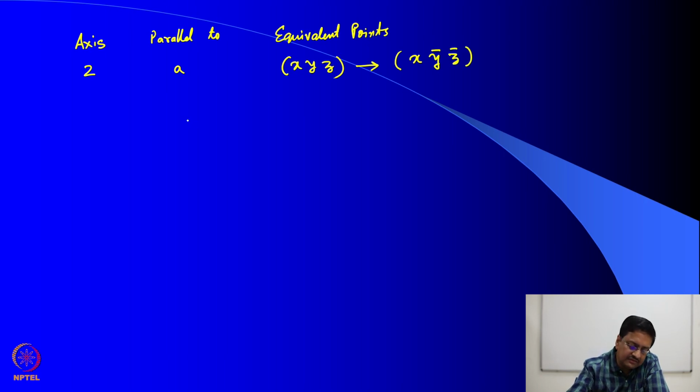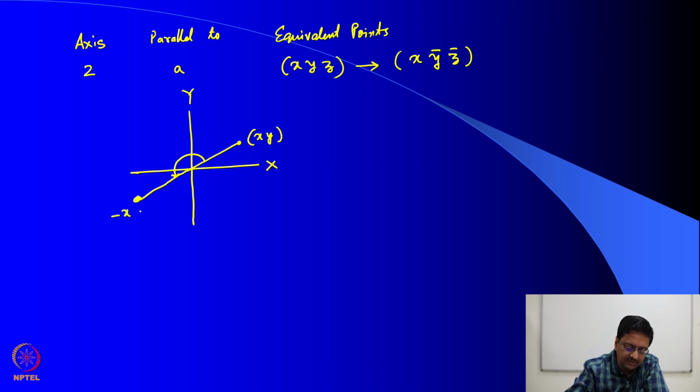This essentially means that in a coordinate system, suppose x is here, y is there and z is perpendicular to the plane of projection, you have one object here at coordinate x, y. You rotate it by 180 degrees, that means two-fold rotation. The coordinate comes here and becomes minus x, minus y. So, in crystallography, this minus x, minus y is written as x bar and y bar.